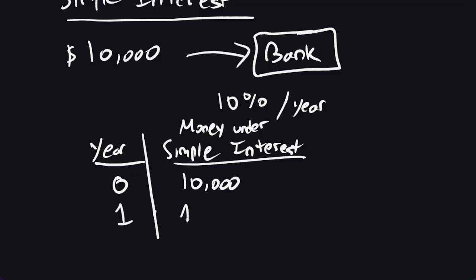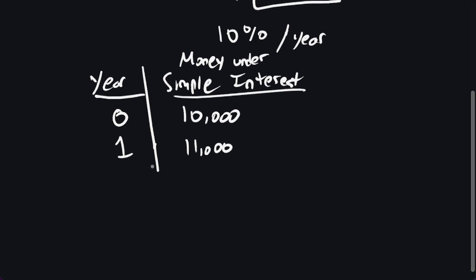So in year 1, you have $11,000. And let's go up to year 3. So 0, 1, 2, 3. That should be enough. Year 1, you have 11,000.